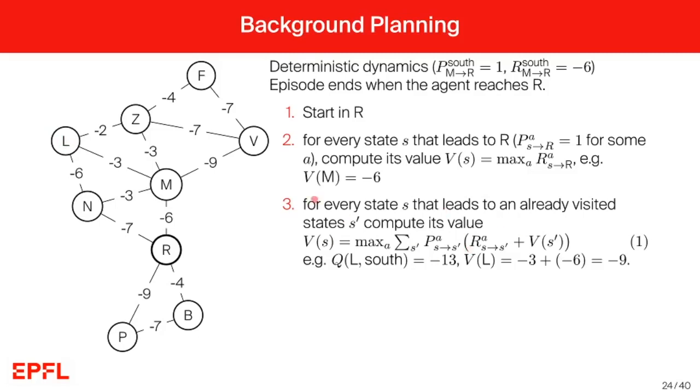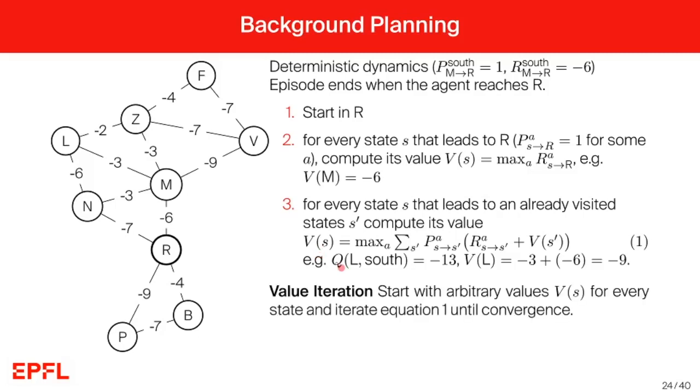Now this step 3 can be iterated further to also compute the remaining values. The only value that is left, I guess, in this case is the one for Frankfurt, and we can compute this as we did already for the other states. Now, this simple deterministic example can be generalized to stochastic examples with loops, and the generalization is called value iteration.